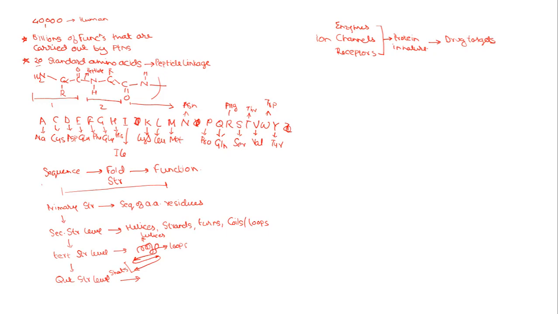So it becomes very, very important for you to know the structure of your drug targets in order to design appropriate drug molecules or inhibitor molecules that might have certain therapeutic significance. That is why it is very important for you to learn about protein structures.